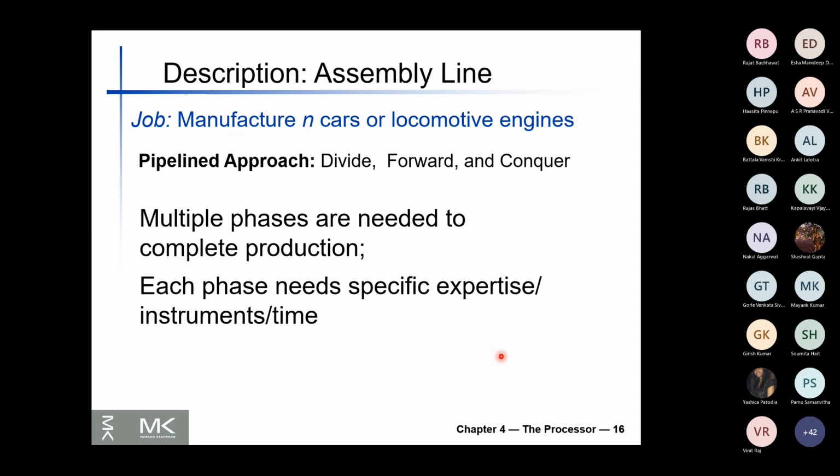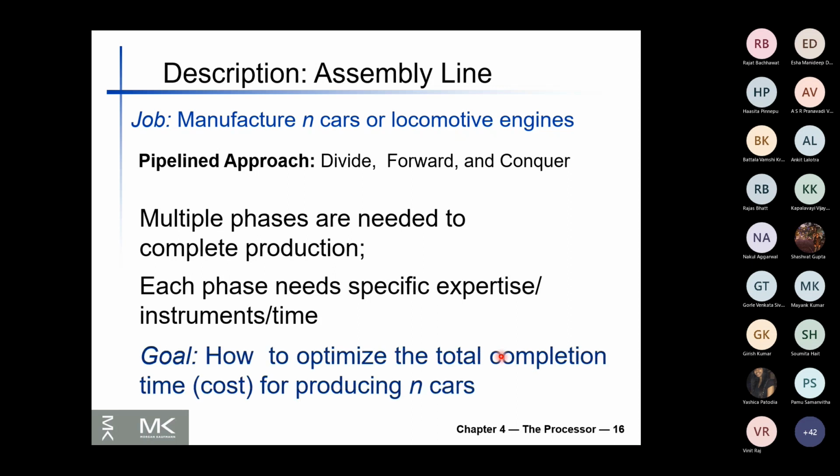Of course, you need multiple phases to complete the production. In each phase, you do some specific expertise, and you need some specific machinery or instruments or hardware, and you need some specific time to finish the execution of a particular phase. It is preferable that each phase should be finished in equal time. And you will see why that condition is necessary.